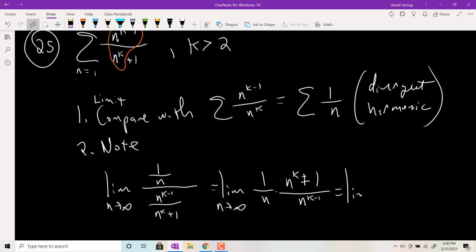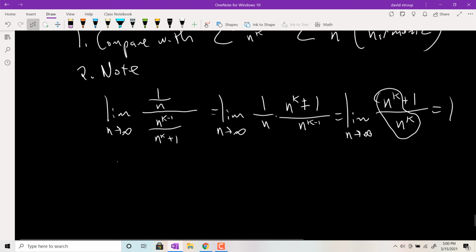And then adding exponents in the denominator, n times n to the k minus 1 is n to the 1 plus k minus 1. So you have n to the k plus 1 all over n to the k. And then taking the limit of that, it's just 1, which is greater than 0, and also finite.